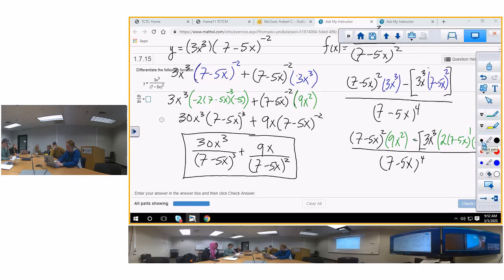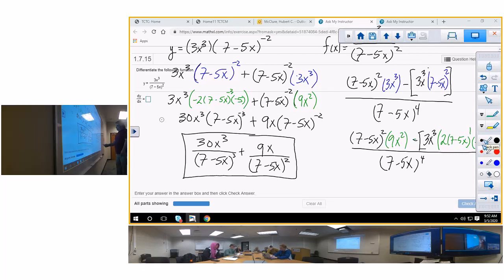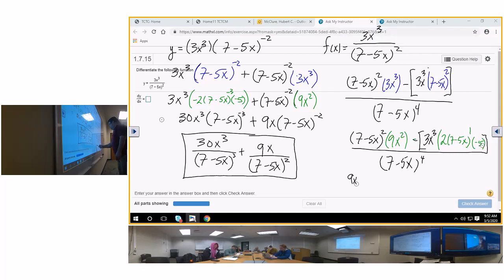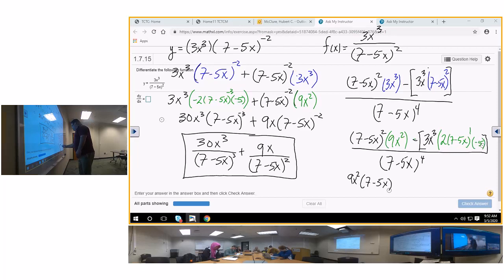All right, so that 9x squared times (7 minus 5x) to the second power. Well, this negative 5 times 3 is negative 15. So I'm going to just write it out. I don't have much room, but that's negative 15x cubed times 2, which is 30?